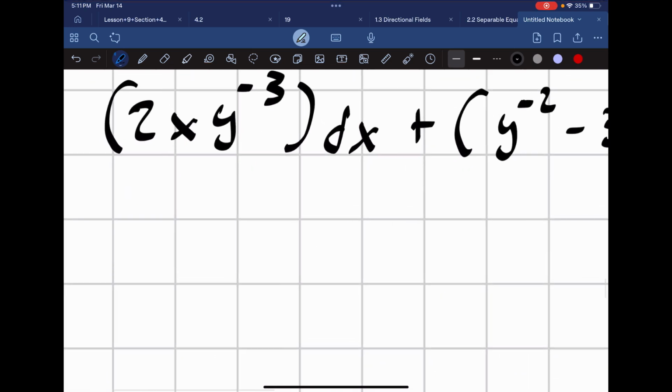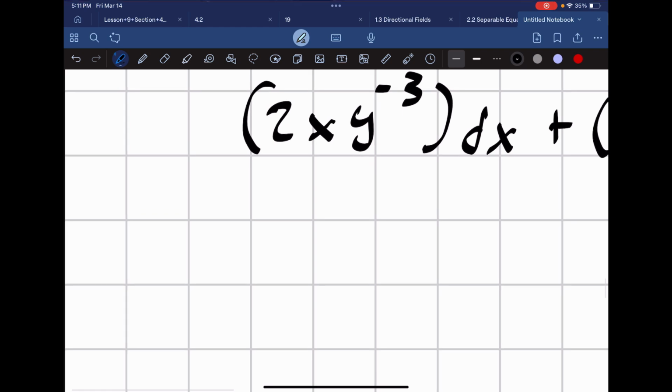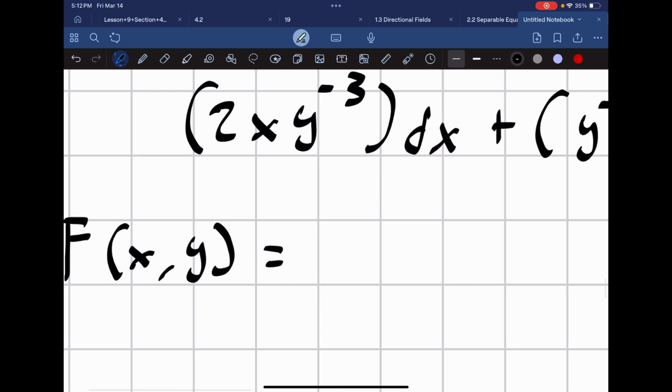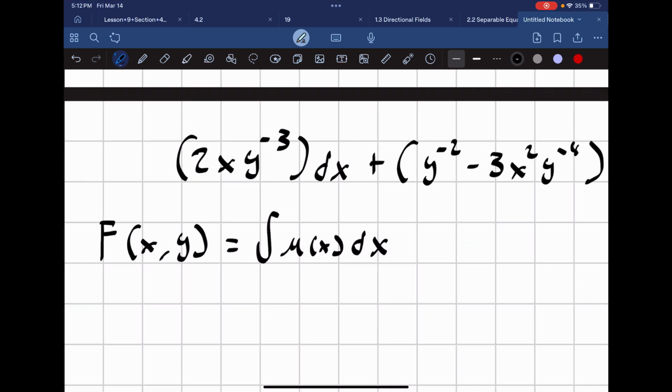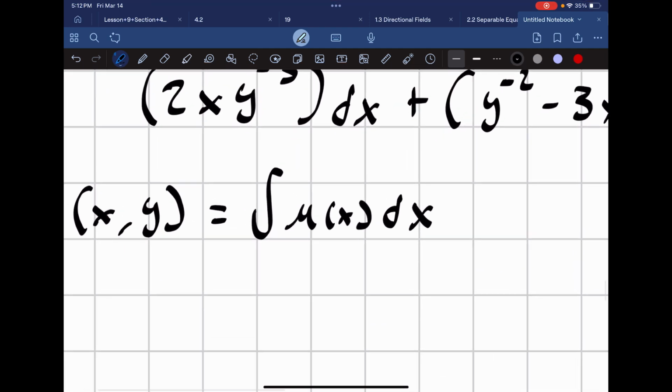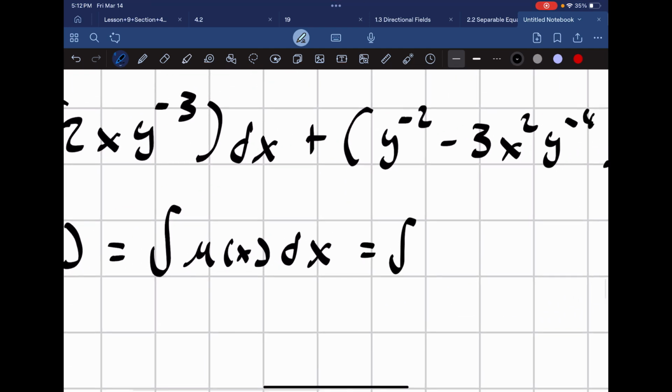What we do is integrate this, and that just equals 2x y to the -3rd dx.